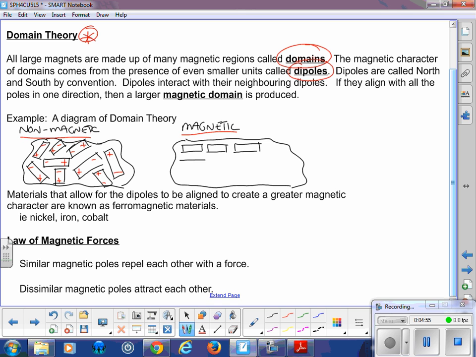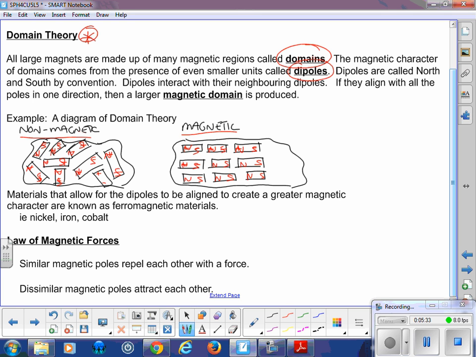The domains rearrange themselves, and the dipoles align like this. I'm doing positives and negatives; this should be norths and souths: north, south, north, south, north, south, north, south. You're probably wondering why he said we're not using positive and negatives, and now he's using them. Anyway, I apologize, but you get the general idea.